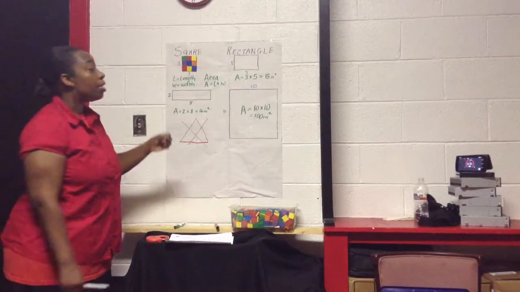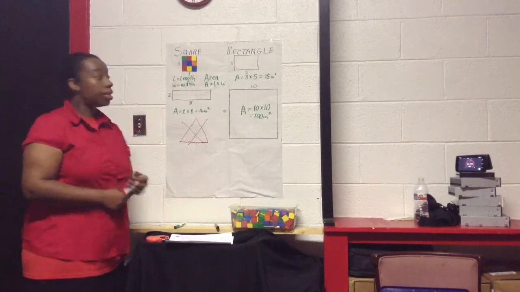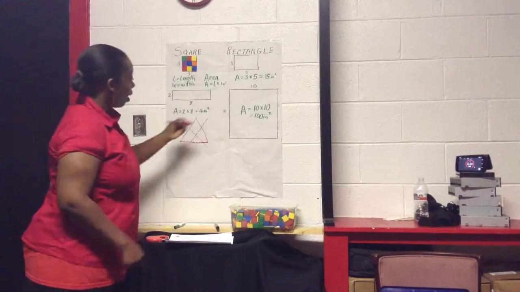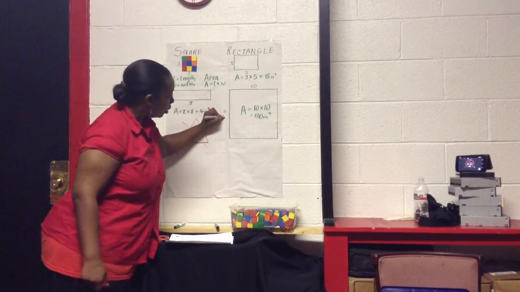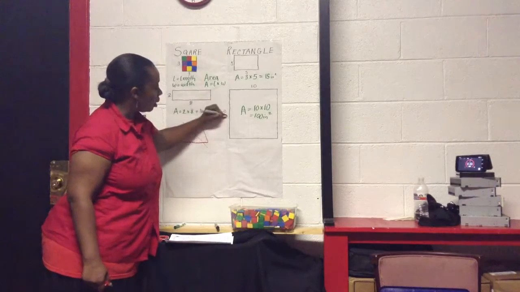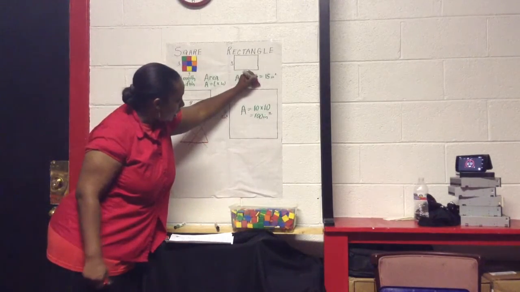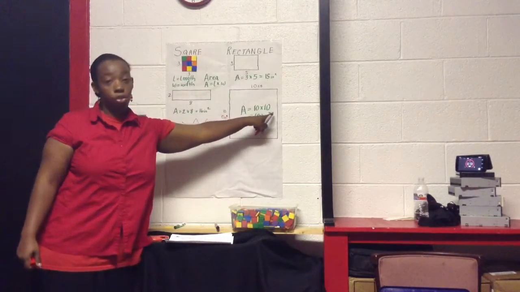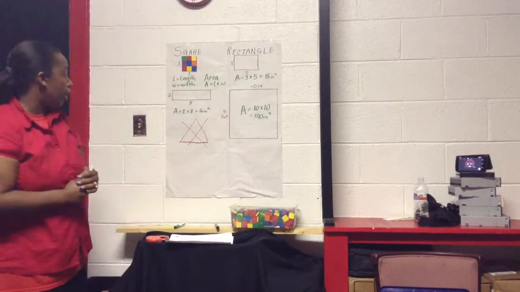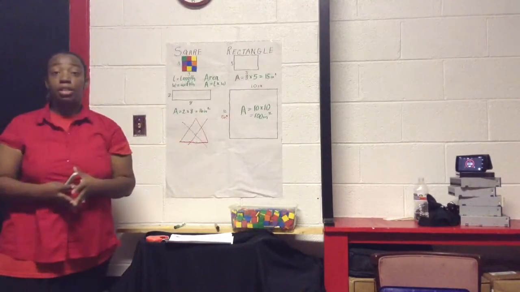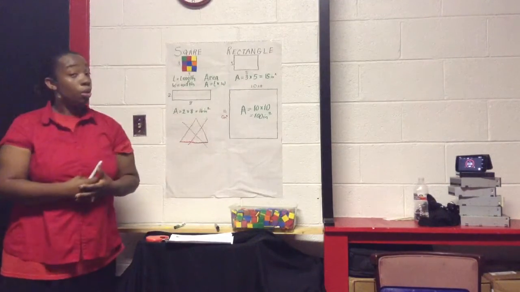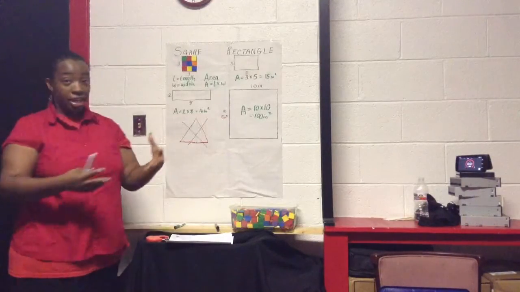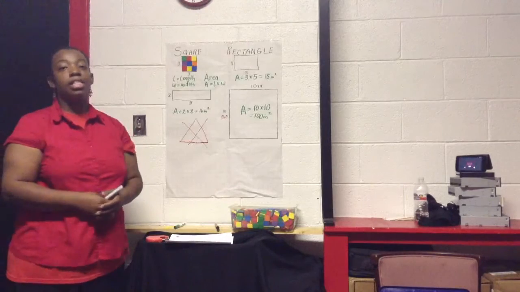Also remember that with area we deal with square units, so your answers are always going to be in square units. If I have 10 inches on this side and 10 inches on this side, my answer is going to be 100 square inches. So when someone asks you to find the area of a square or rectangle, your answer is going to be the area is whatever it is in square inches.